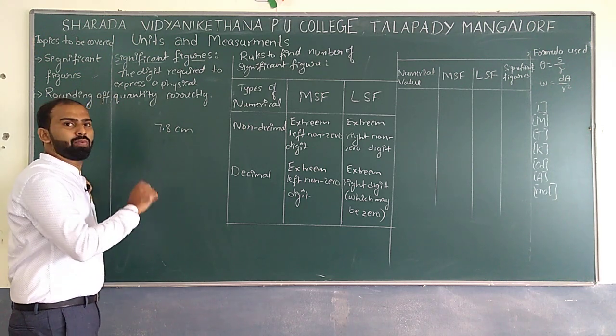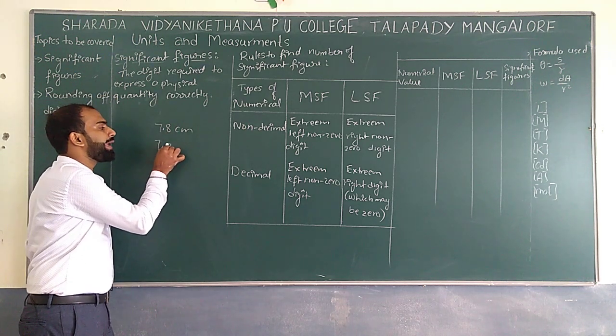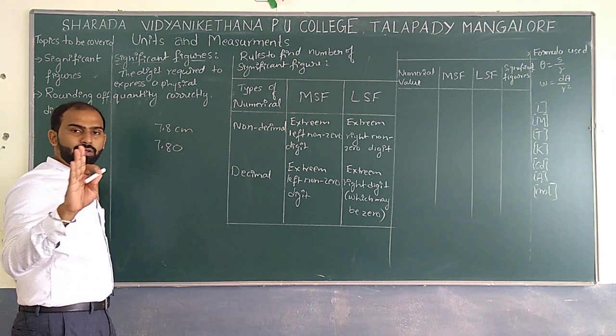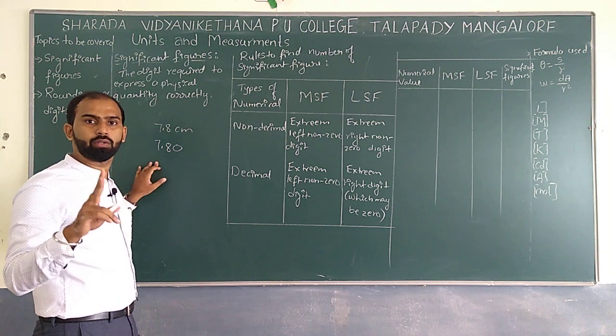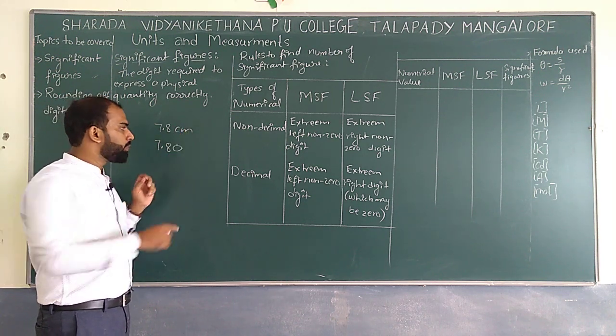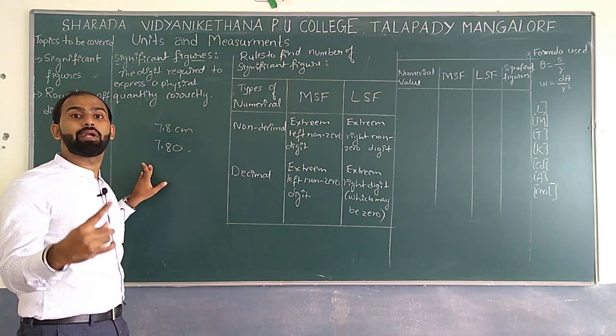So for the same value, if I write 7.80, how many decimals can I expect? 2 decimals, which means the accuracy level of the value is around 2 decimals. Compared to the first value, this value gives the more accurate value.